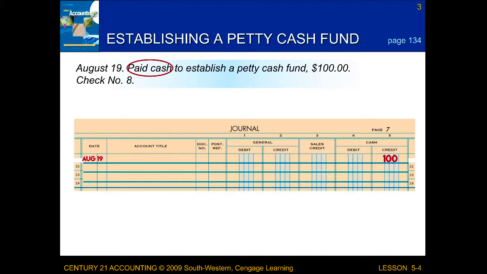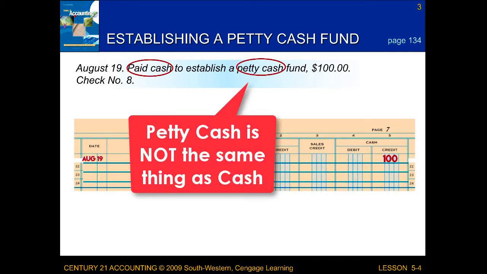I'm going to go back to my transaction and look for keywords that would be account titles here. The next thing that I look at when I read that sentence is petty cash. Remember, that is completely separate from the cash account. So I'm not going to use the cash special amount column because the actual account title is petty cash.